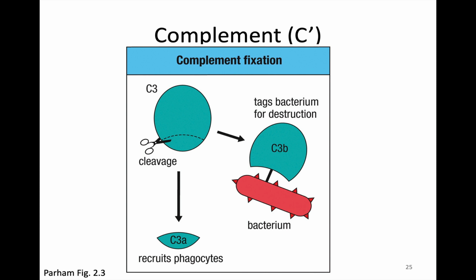So usually we'll take one piece of a complement protein, cut it with a protease, and get a little piece that floats away and a big piece that gets covalently attached to our microbe. This is largely what we're going to see happen over and over again as we talk about complement. We often talk about complement fixation. Complement fixation really means sticking complement to stuff. Or sometimes people talk about it as just starting the complement process, because complement gets stuck to stuff when you start the complement process.